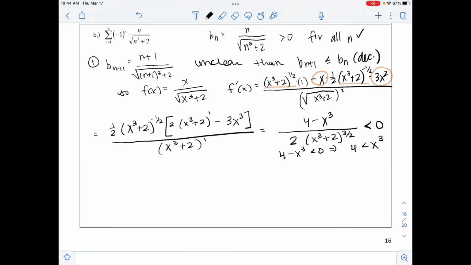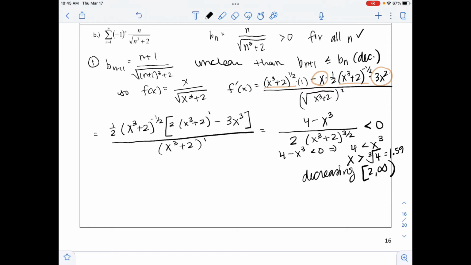Or taking the cube root of both sides, we'd have x is greater than the cube root of 4, which is equal to 1.59. And so it is decreasing on values after 1.59. And since n values are going to be whole numbers, we're going to say this is going to be decreasing from 2 to infinity.